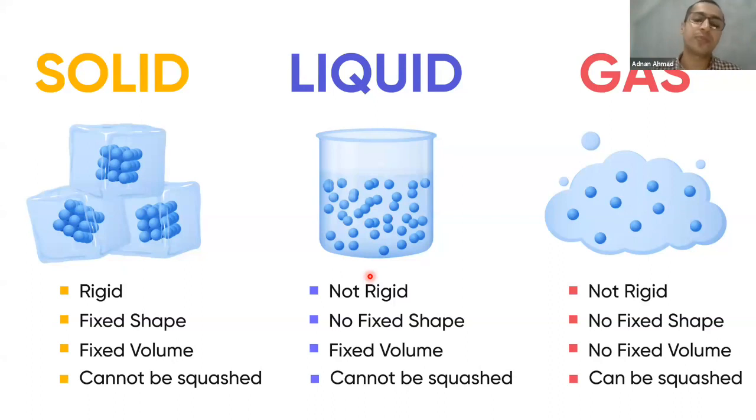That is why we say that liquid molecules are not rigid. Why? Because they have some space in between them. They can slide on each other. That is why they can change shape. So no fixed shape, but they have a fixed volume and cannot be compressed.